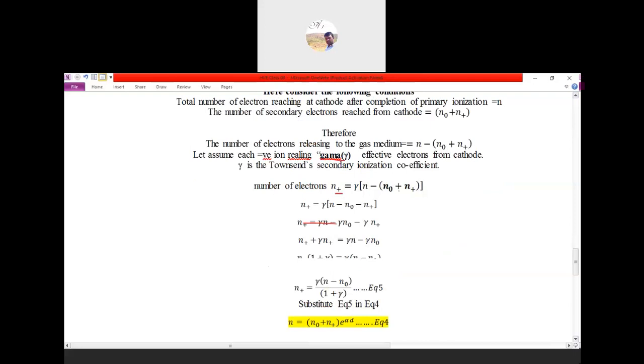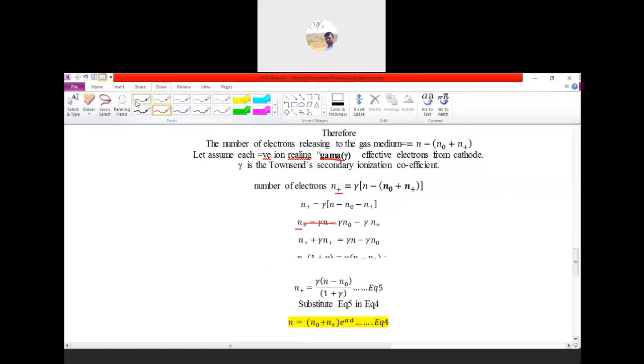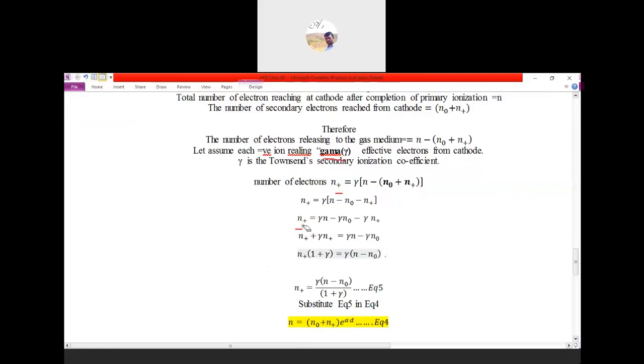Now we are considering the following conditions. Are you able to see properly? Here we are considering two conditions: the total number of electrons reaching the cathode after completion of the primary process, that is n, and the number of secondary electrons released from the cathode, that is n naught plus n plus.